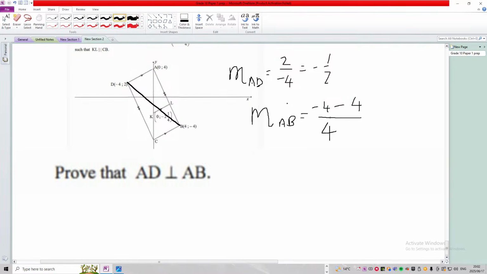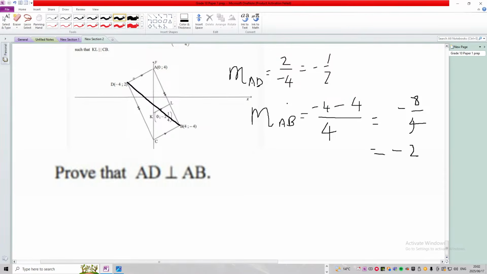So y2 minus y1 over x2 minus x1, this is going to be minus, maybe I made a mistake here somewhere, minus 8 over 4 is equal to minus 2.